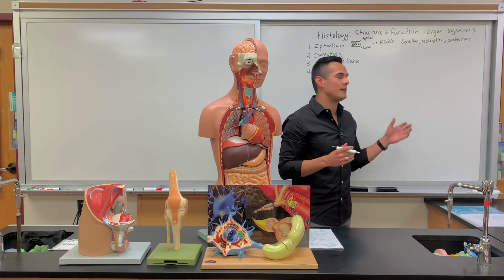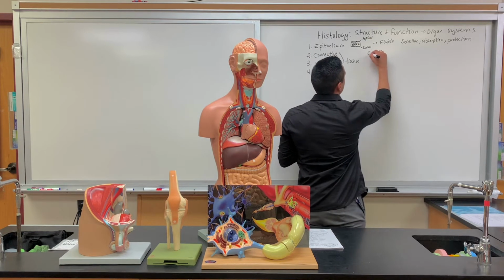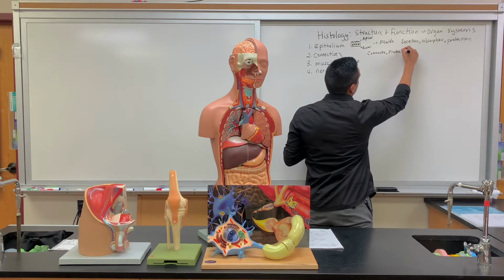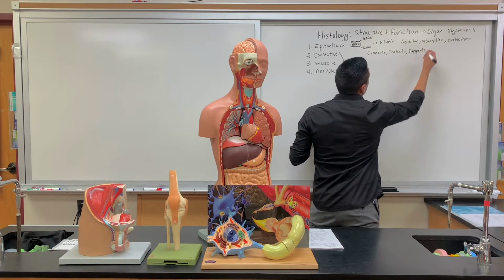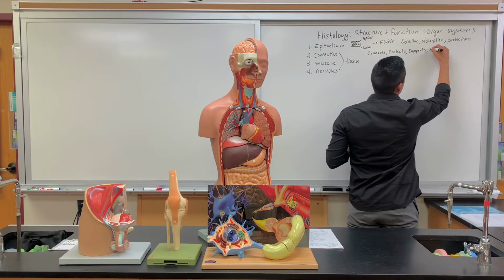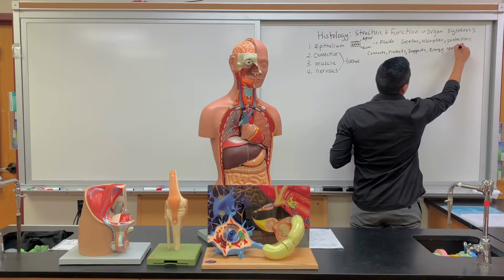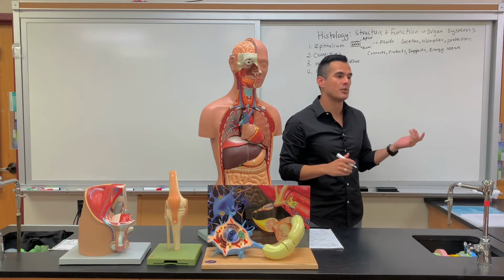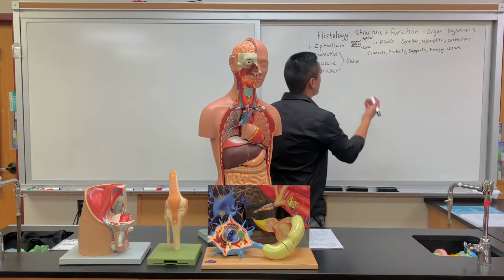Okay, so for the function of them, we'll just write that it connects things, it also protects things, it supports, and it also functions as an energy reserve. The more specific type of energy reserve is adipose tissue. But these are some of the main functions here for connective tissue.